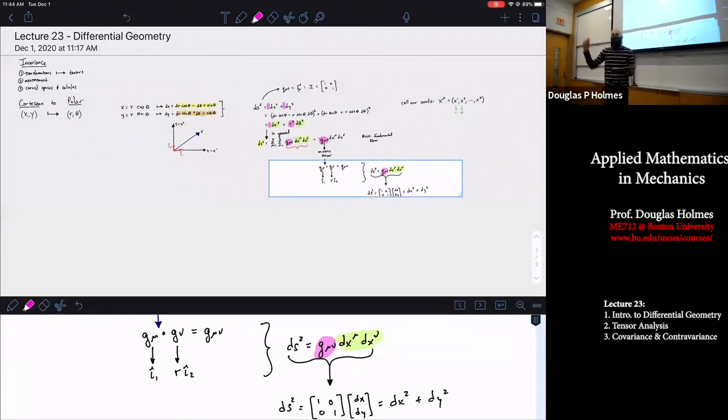Let me see if I can do this out. Hold on, let's do this out more explicitly. Give me one second. The dx dy is just a representation of dx to the mu or something. Exactly. Give me one second. I kind of sloppily wrote down that column vector, and of course, I should not have.